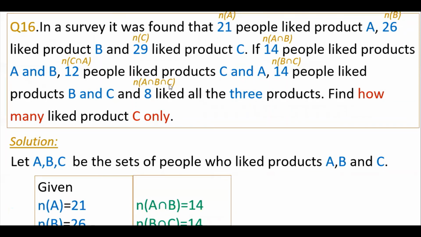So n of A intersection B intersection C is 8. Here you have to find how many like product C only.